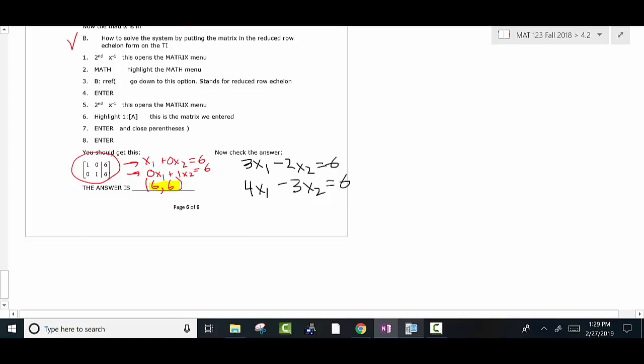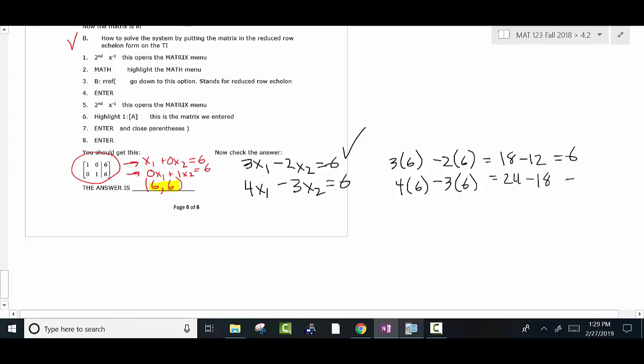You plug it in. Exactly right. So you would do 3 times 6 minus 2 times 6, since both x1 and x2 are 6. That's 18 minus 12, which is equal to 6. That's what it's supposed to be. Then you do the next one: 4 times 6 minus 3 times 6, which is 24 minus 18. That's also 6, so you can tell you're right.